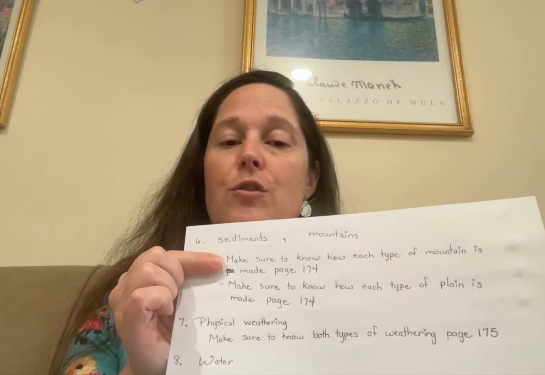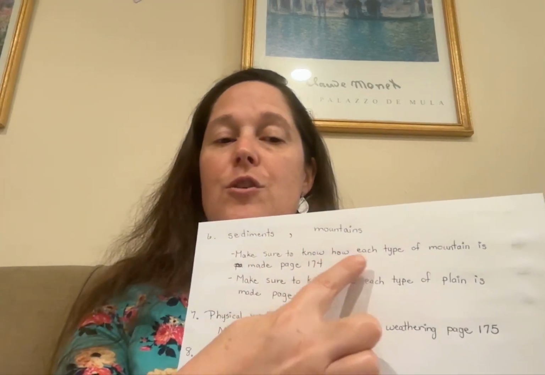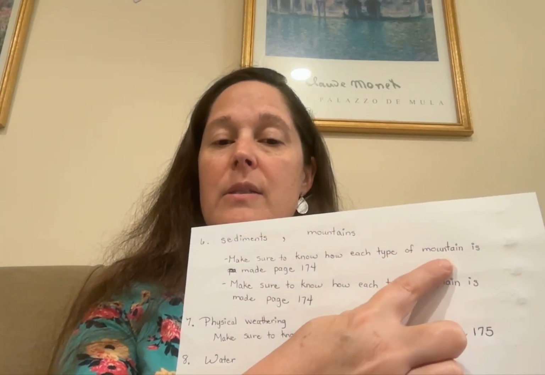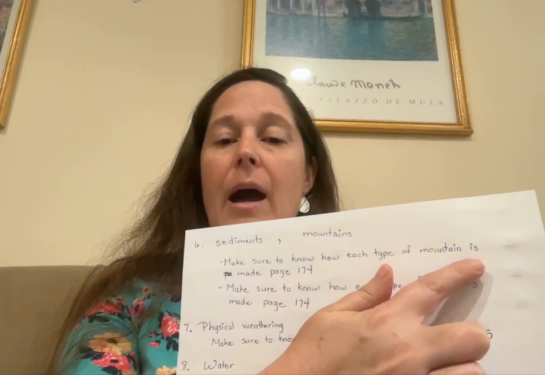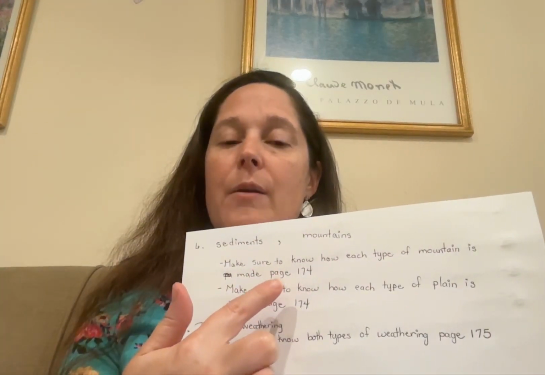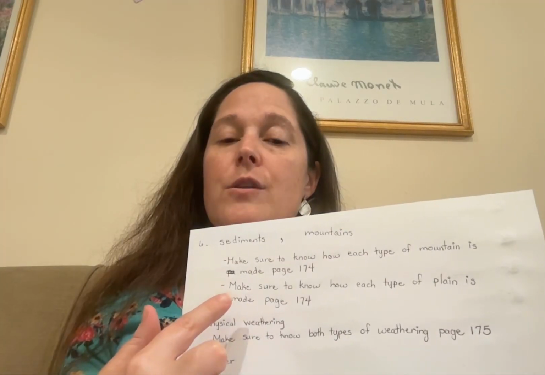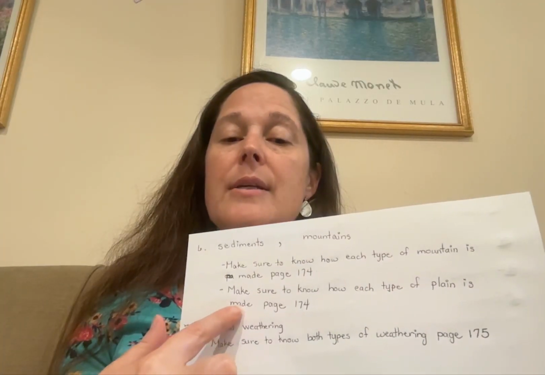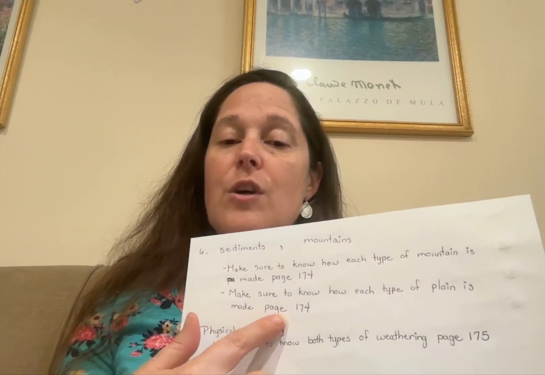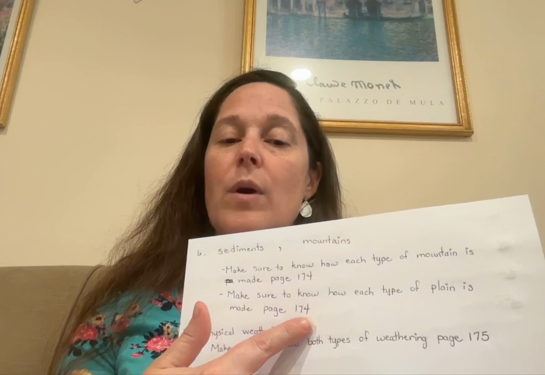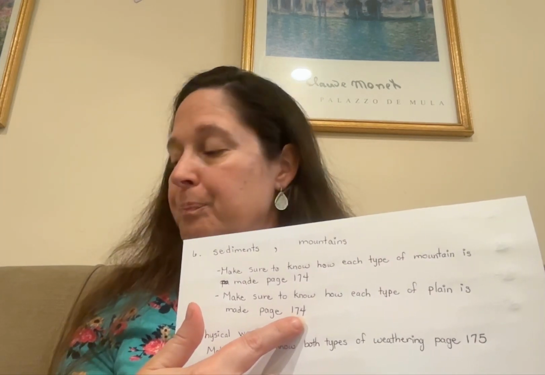Make sure that you know each type of mountain and how they're made, and that's on page 174. Also make sure to know how each of the plains are made and what their definitions are, and that's also on page 174.